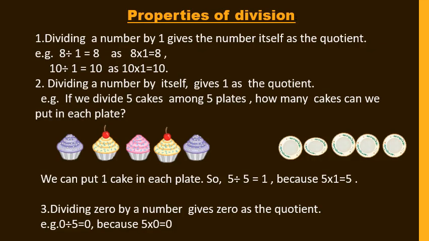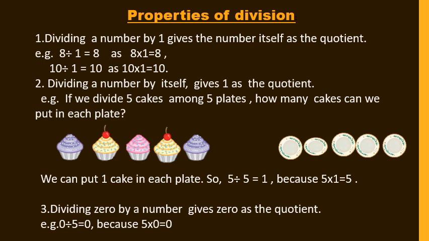Girls, now we are going to learn a very important thing about division. That is the properties of division. And we should always remember this thing. Okay? So please listen to it carefully. Number 1. Dividing a number by 1 gives the number itself as the quotient.